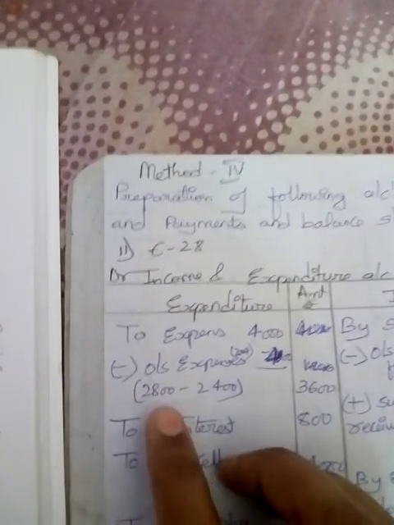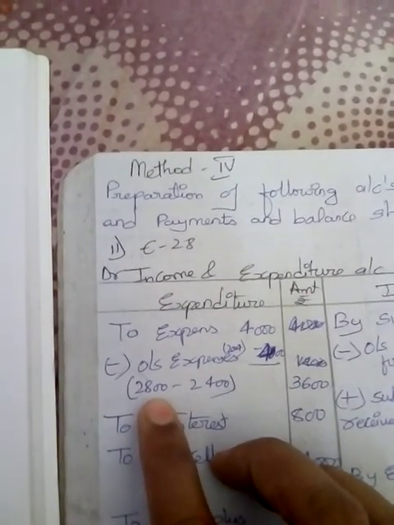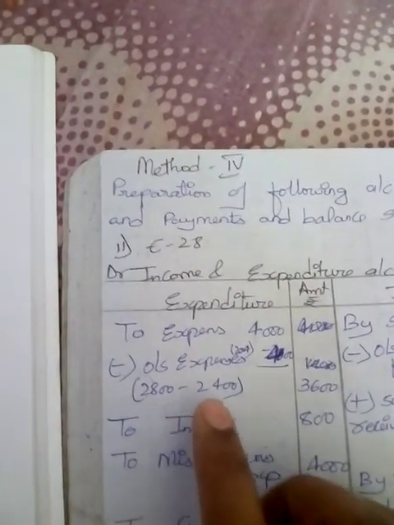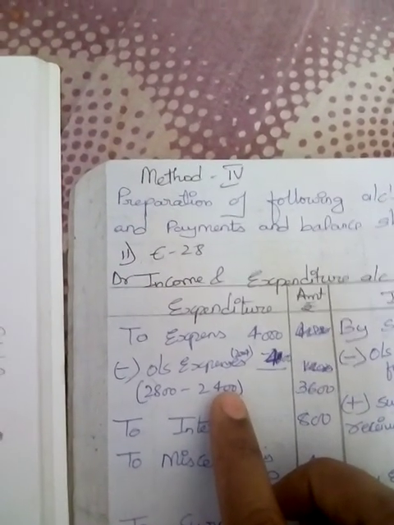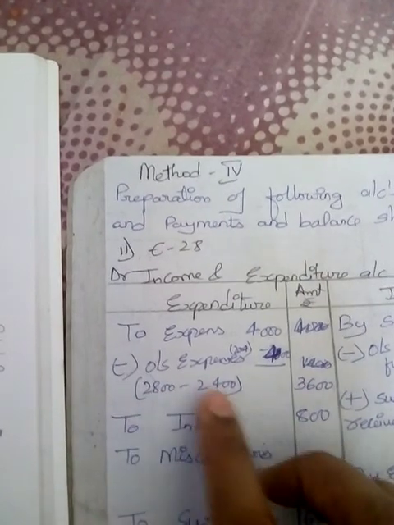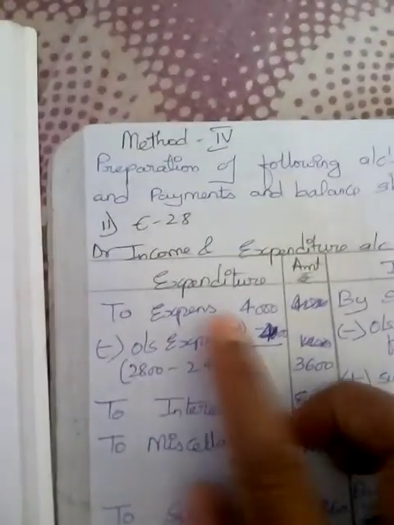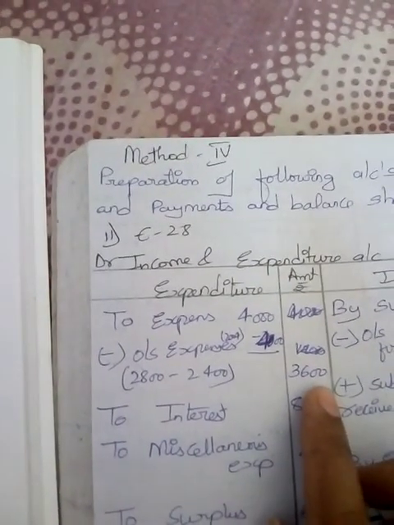We will take the difference: the 2,800 given in the liabilities, outstanding expenses 2,800, minus this 2,400 is the expenses for 2004. So 2,800 minus 2,400 will be 400. So 4,000 minus 400, the total expenses are 3,600.